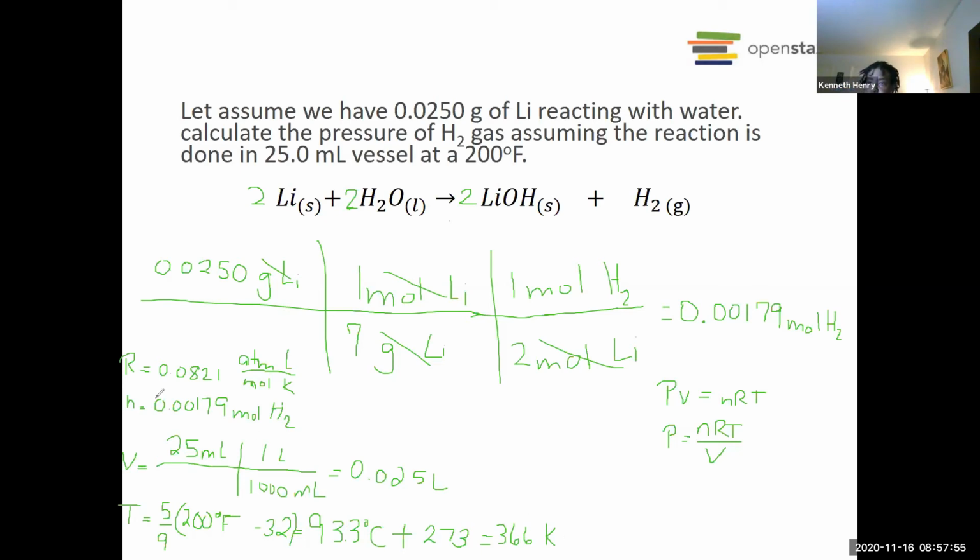So that's my temperature. Do I have everything to solve for P? Yes. Okay.